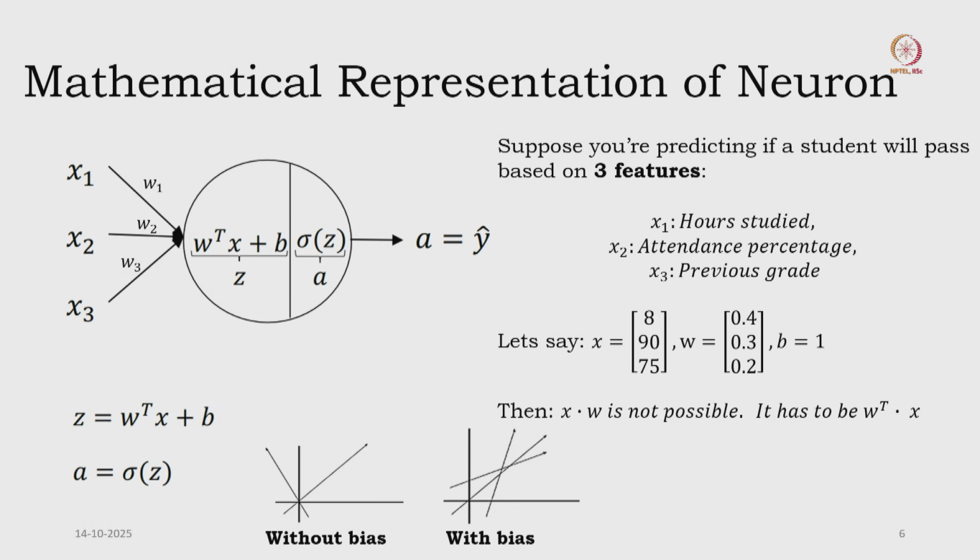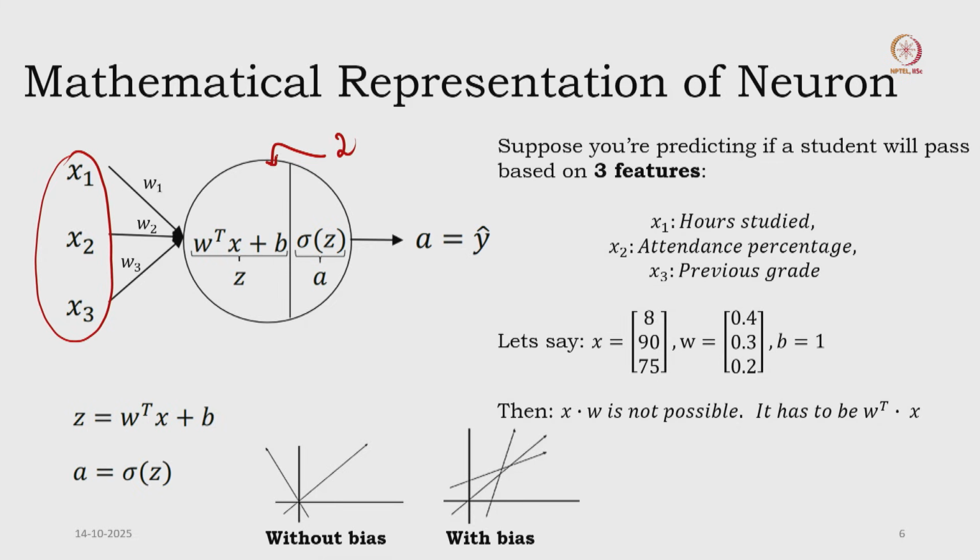With this, let us get into the most important concept, the mathematical representation of a neuron. How do we mathematically represent it? So let's look. We have x1, x2, x3. These are the various inputs that we are taking, and each of these is passed to a neuron. Inside there are two mathematical operations that take place.